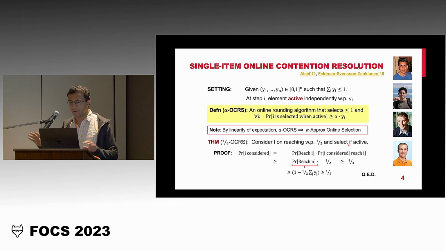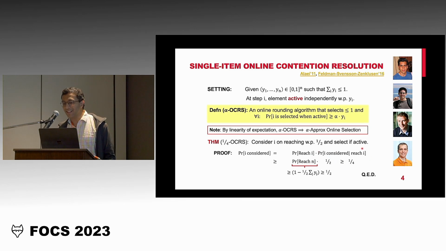But a bit more formally, I want to argue that each element is going to be considered with at least a quarter chance. The probability of i being considered is, first of all, the probability that you reach i, in the sense that you've not selected anything before i, and that you consider i on reaching i. Now, the probability of reaching the ith random variable is at least the probability that you reach even the last one.